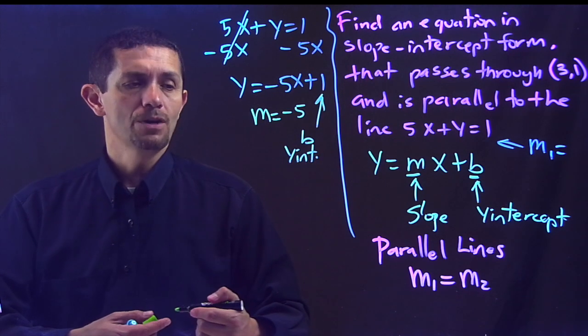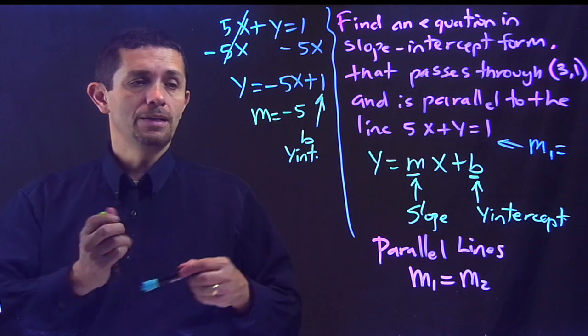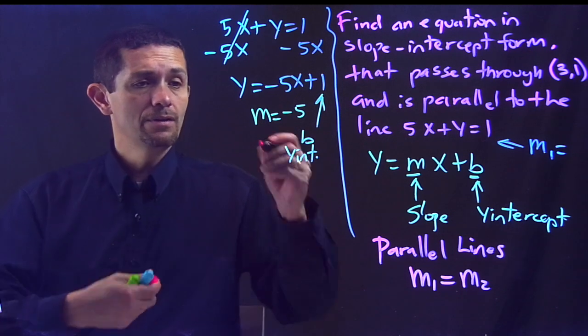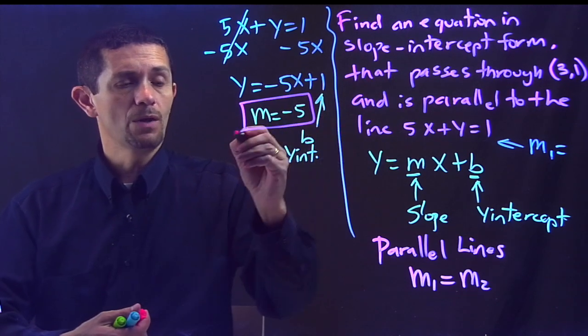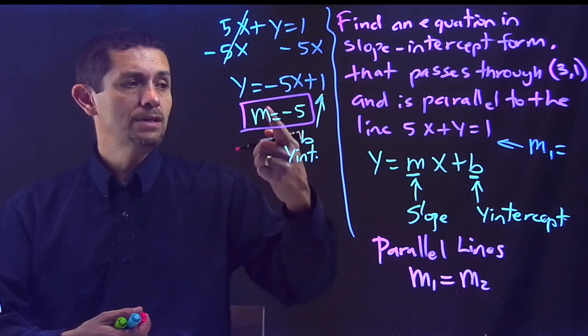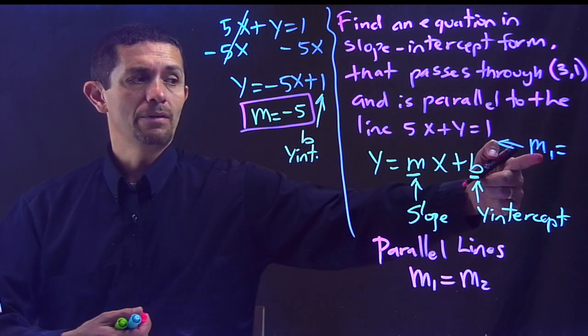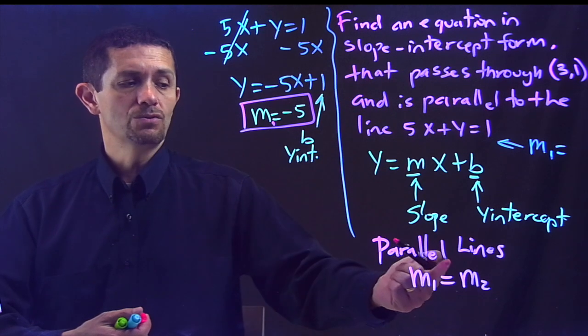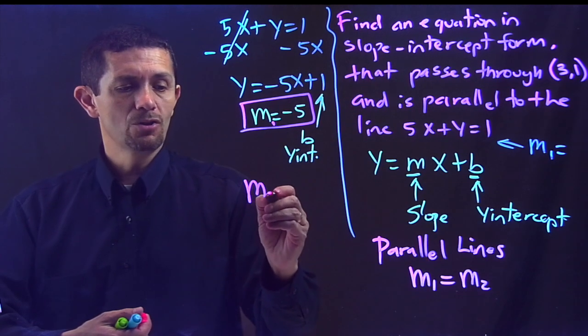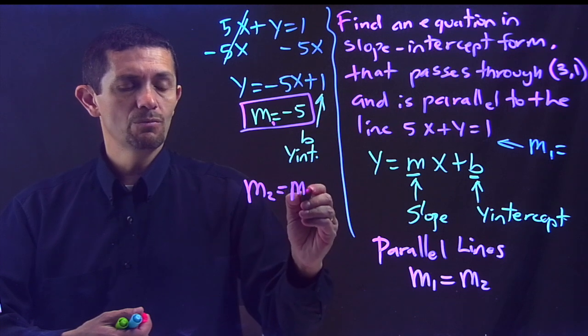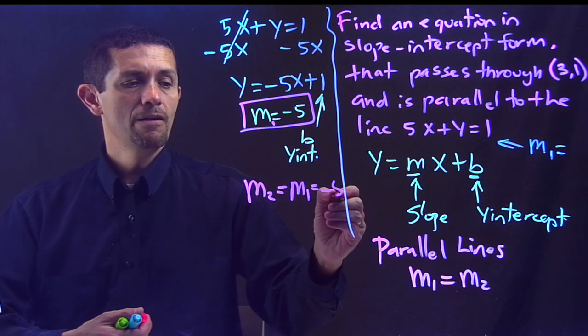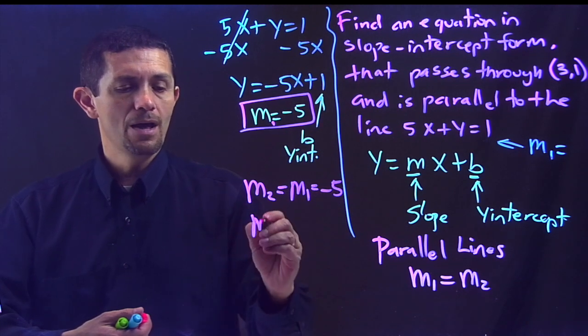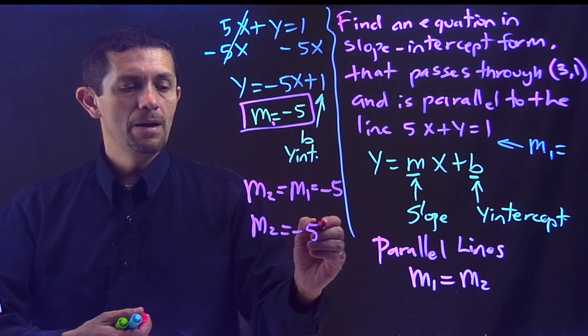Right now what I'm interested in is my slope. I said that will be my slope number 1. Because the two lines are parallel, my slope number 2 is going to be equal to slope number 1, which is negative 5.